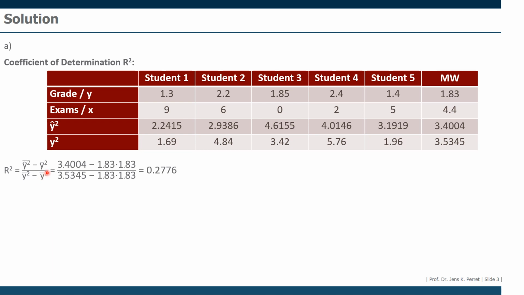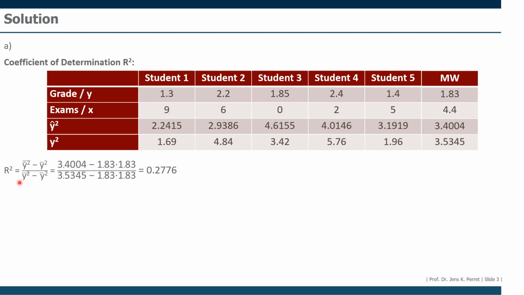squared, which is just the average of the squared estimated values, so that's the 3.4004, minus the squared average of y, that's actually here, 1.83 squared.